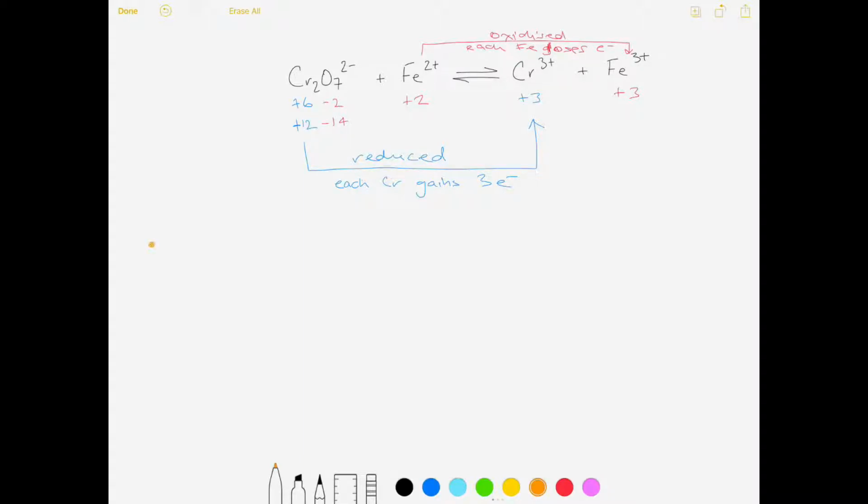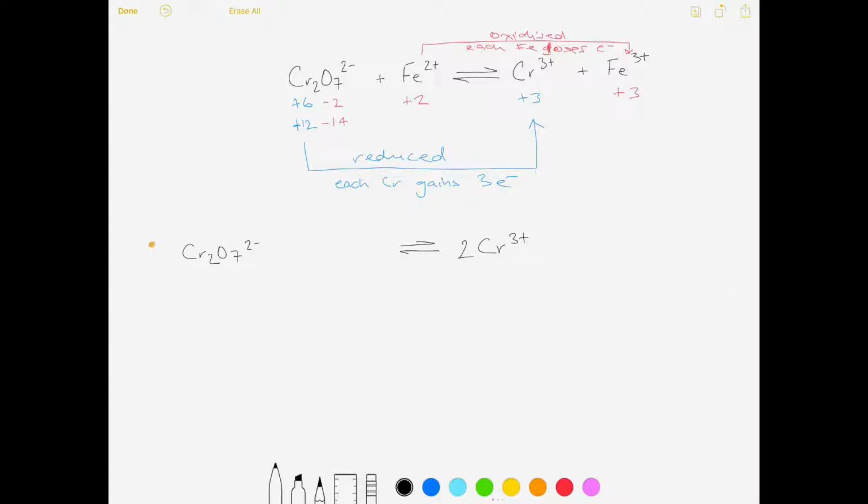So to start the half equation off here, we're going to take the Cr2O7 2-. I'm going to leave a bit of a gap in case I need to add anything, and I'm going to write down what it forms. The most obvious change I can do is double up the Cr3+ on the right hand side to balance out the chromium on the left.